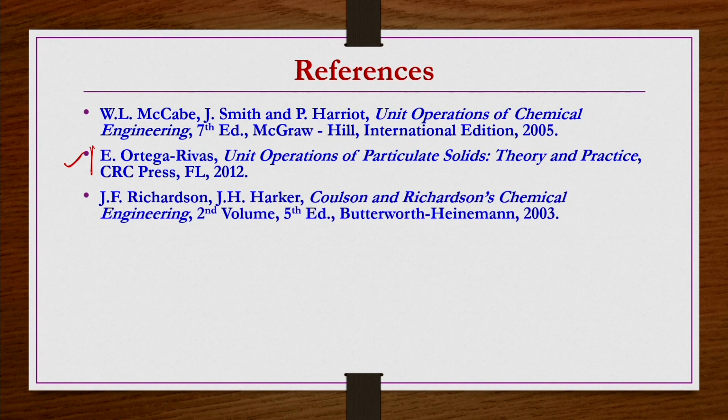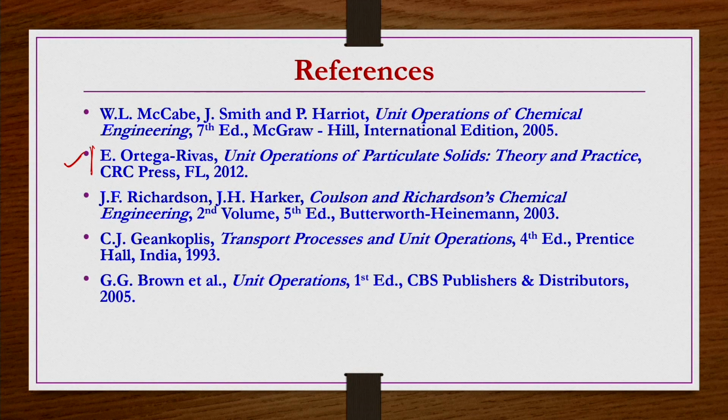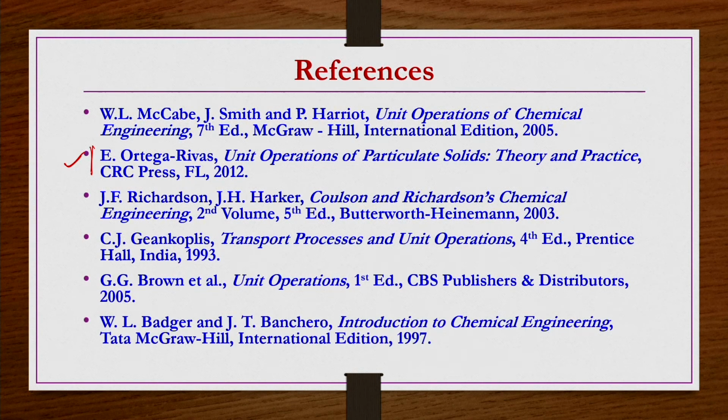Other reference books are Coulson and Richardson's Chemical Engineering, 2nd volume by Richardson and Harker, then Transport Processes and Unit Operations by C.J. Geankoplis, then Unit Operations by Brown et al., and finally Introduction to Chemical Engineering by Badger and Banchero.